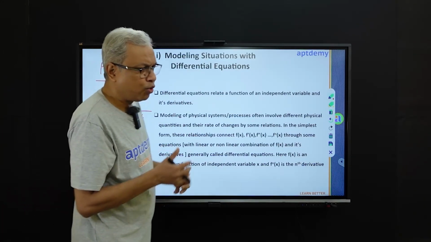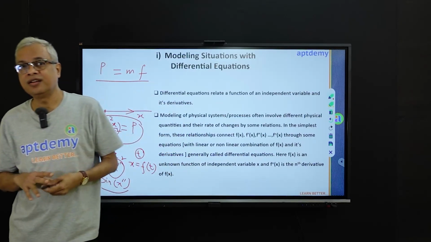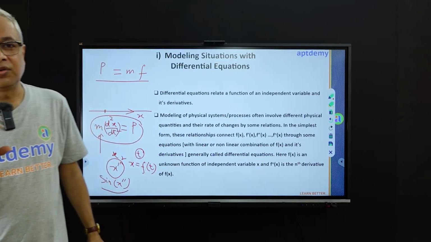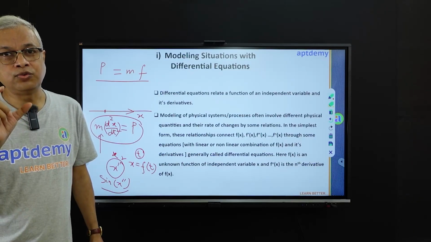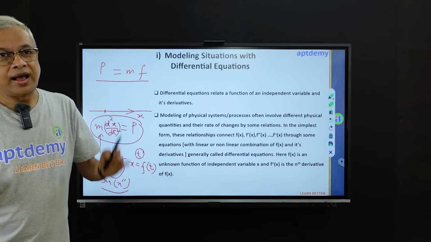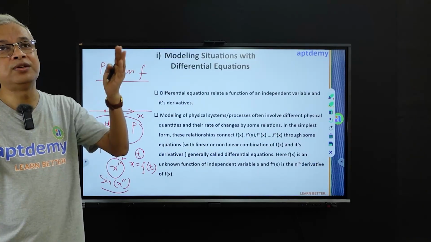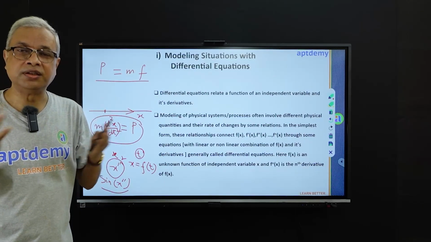Okay, so mostly in physics and engineering you will get equations which involve the unknown quantity and its derivatives, and you always begin with such differential equations.